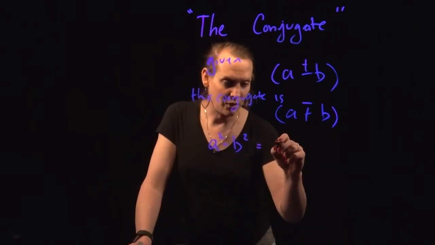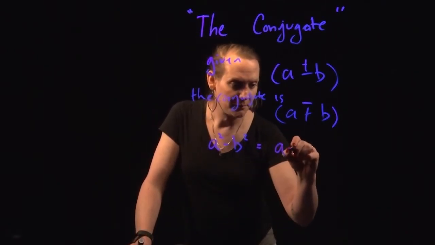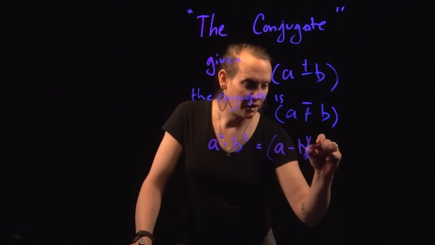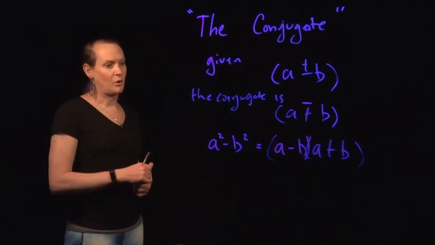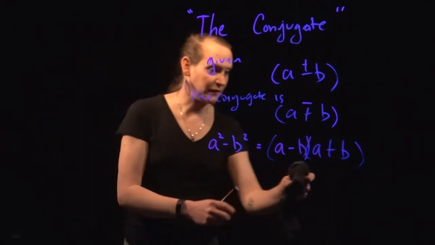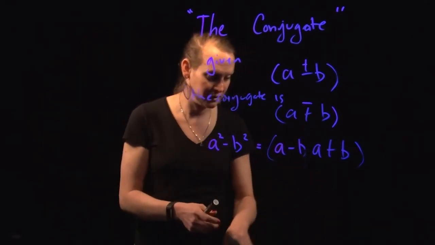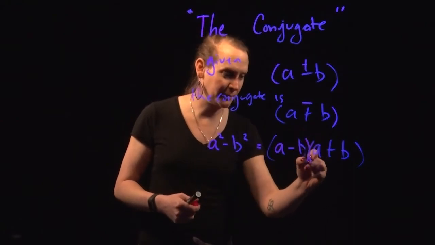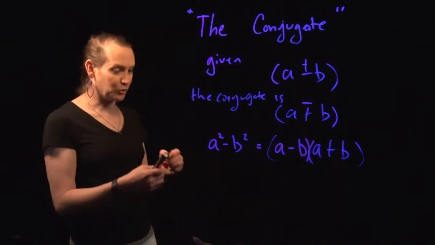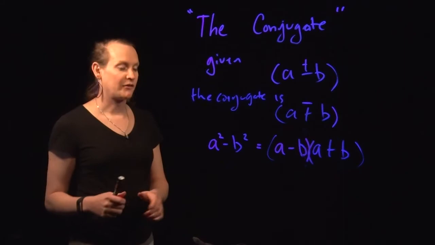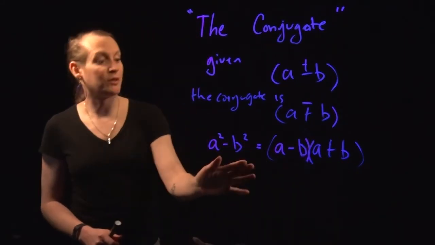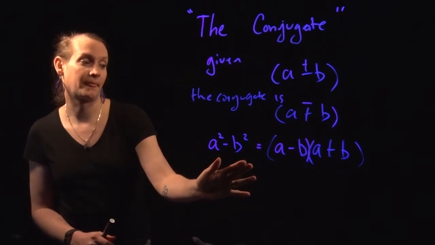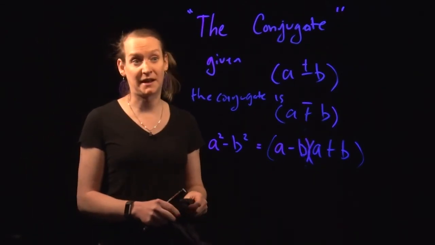It turns into A minus B times A plus B. So the fact that this thing factors like this into A minus B times A plus B is exactly what makes multiplying by the conjugate useful. So given one, we're going to multiply it by the other so that we get this thing right here. And that's going to make our life easier when we need to cancel.